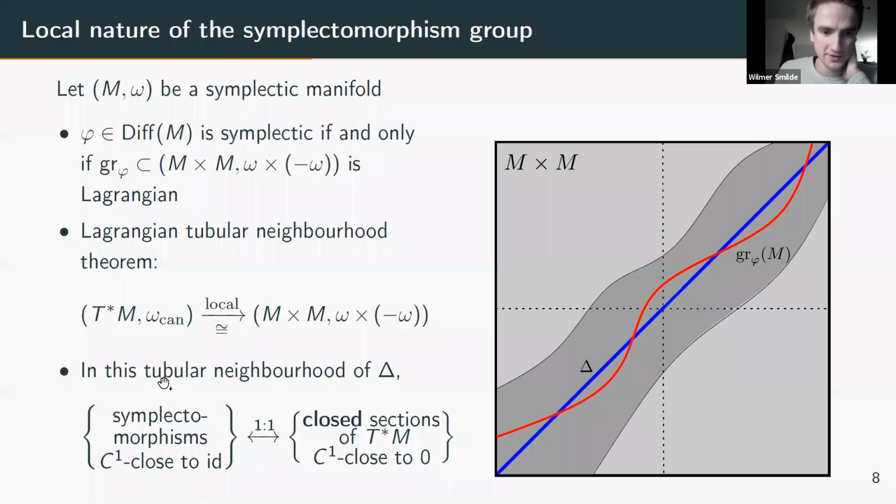In this tubular neighborhood, we can identify symplectomorphisms, which we identified with Lagrangian graphs, with closed sections of the cotangent bundle, because you may remember that a section of the cotangent bundle is Lagrangian if and only if it is closed. So this way we build a chart on the group of symplectomorphisms around the identity, and we can give the symplectomorphism group the structure of a Lie group.